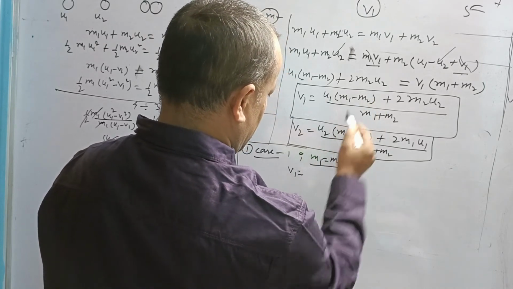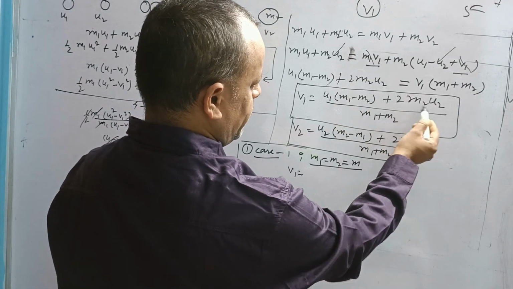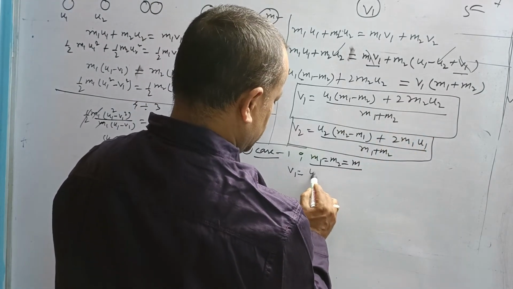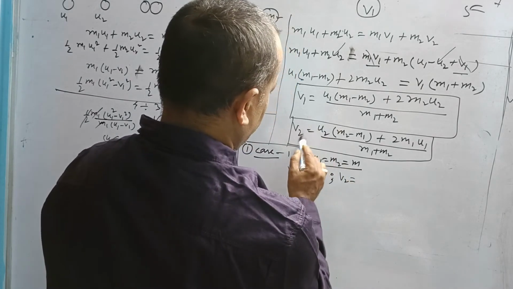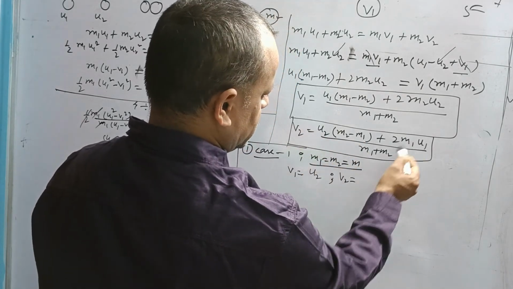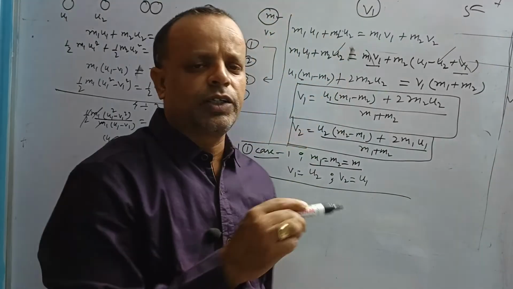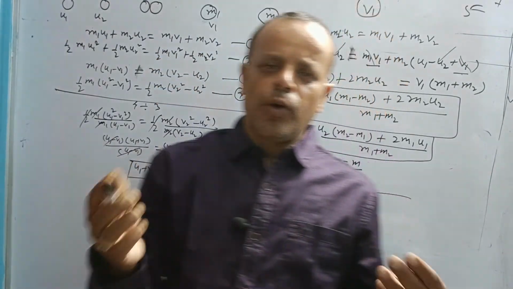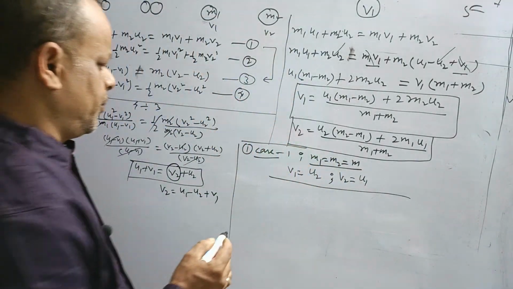See, M1 is equal to M2, this gets cancelled out. We are left with 2M divided by 2M. This is V1 is equal to U2, and V2 is going to be U1. Means in case of elastic collision, the bodies exchange their velocities if the masses are equal.